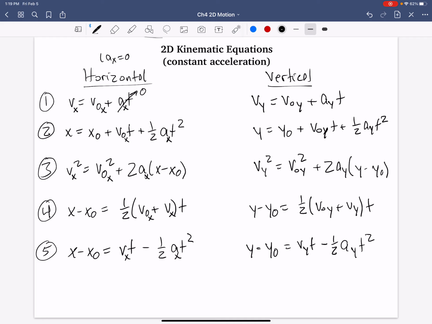There is no acceleration horizontally, so that term goes away, this whole term goes away, and this term goes away. I'll write that as just these.